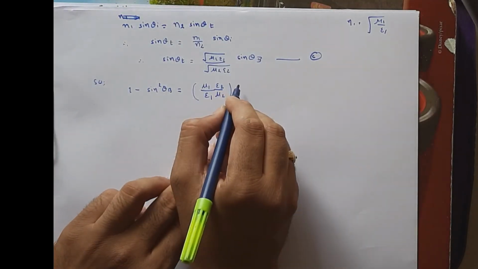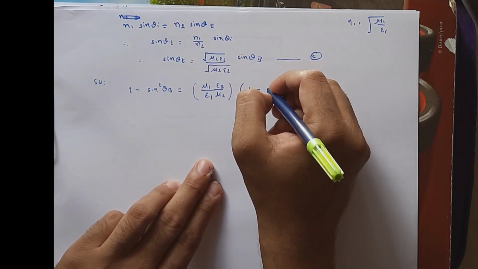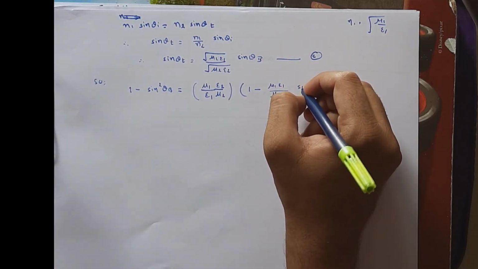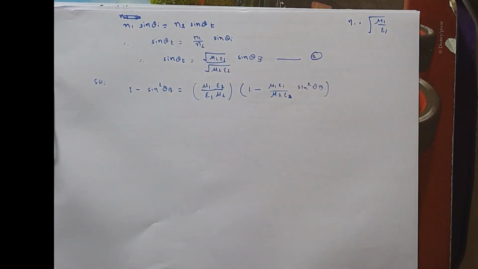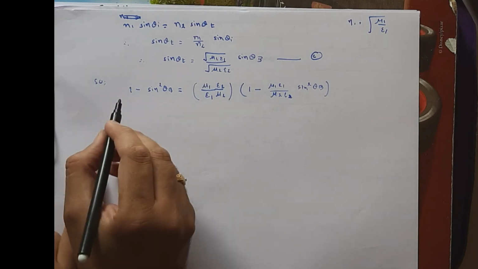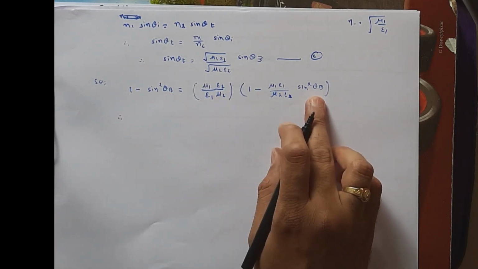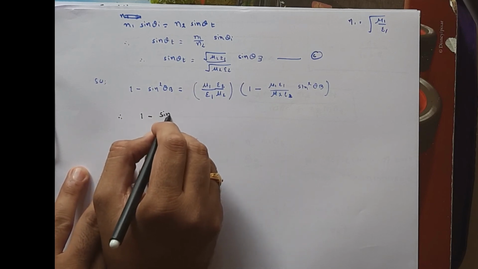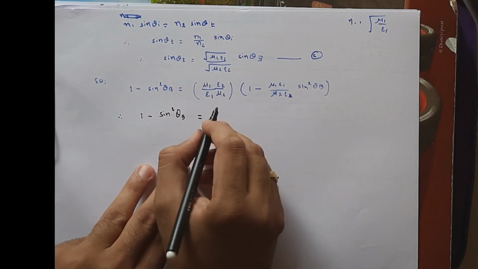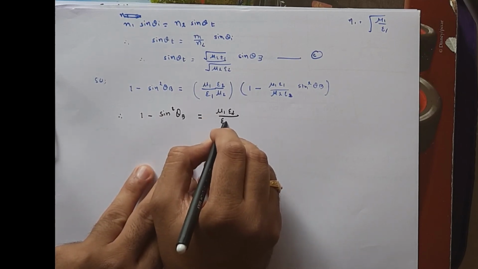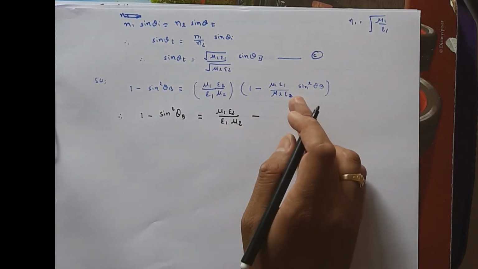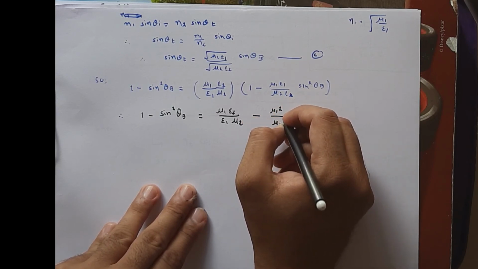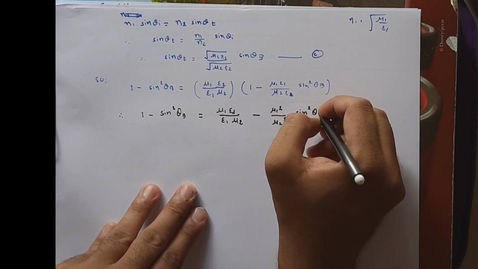And 1 minus sin square theta t, so this is 1 minus mu1 epsilon 1 by mu2 epsilon 2 sin square theta b. Now the sin square theta b terms: you can write it this way, 1 minus sin square theta b term is equal to mu1 epsilon 2 by epsilon 1 mu2 minus mu1 square by mu2 square sin square theta b term.